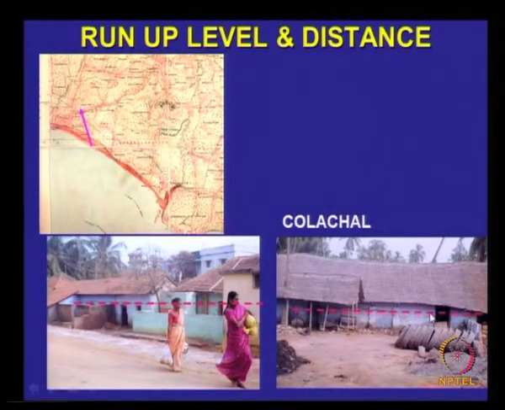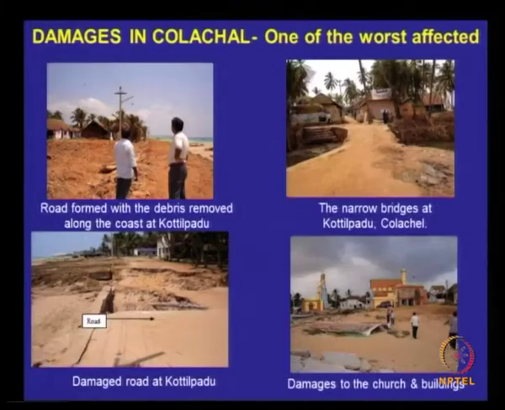So this is the area, far away from the beach, where you see that about 5 feet of water has come in. This is the bridge I was referring to. The level is almost the same all through till the beach.